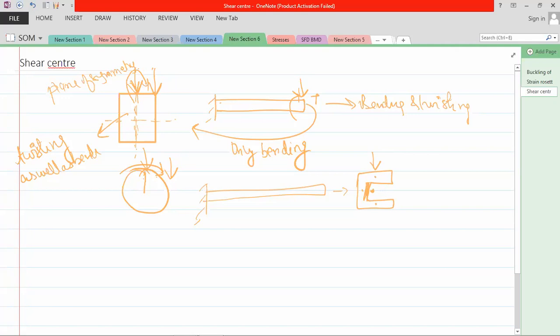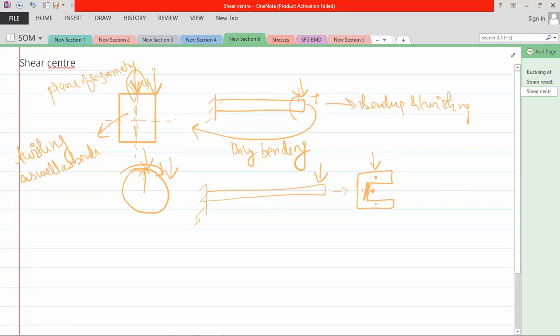For a demonstration, suppose you bend your fingers in a C form and you apply a load at the top. It will tend to bend your fingers. So this load will not only create bending but also twisting.